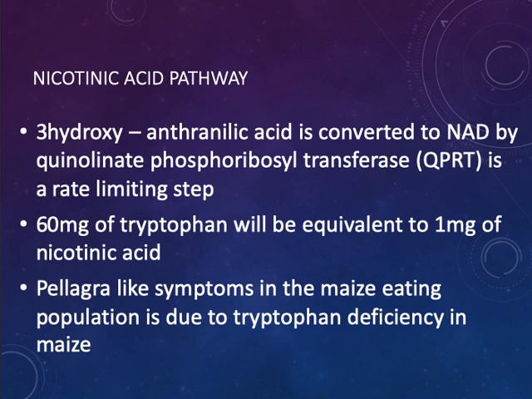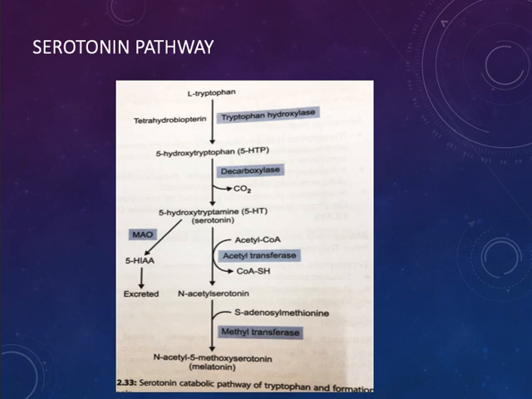Next we'll go on to the serotonin pathway. Tryptophan, in the presence of tryptophan hydroxylase enzyme, which requires tetrahydrobiopterin, gets converted to 5-hydroxytryptophan. This 5-hydroxytryptophan by decarboxylation gets converted to 5-hydroxytryptamine, that is nothing but serotonin.